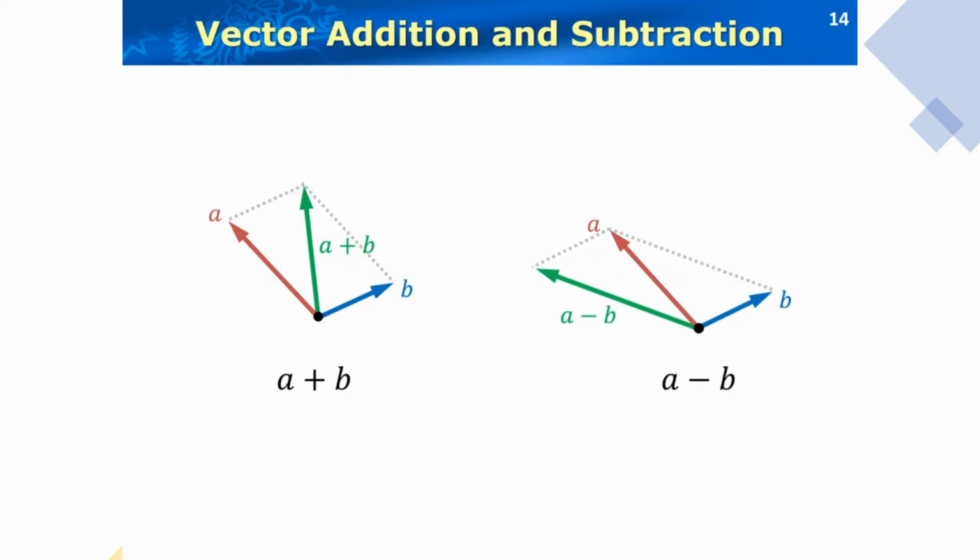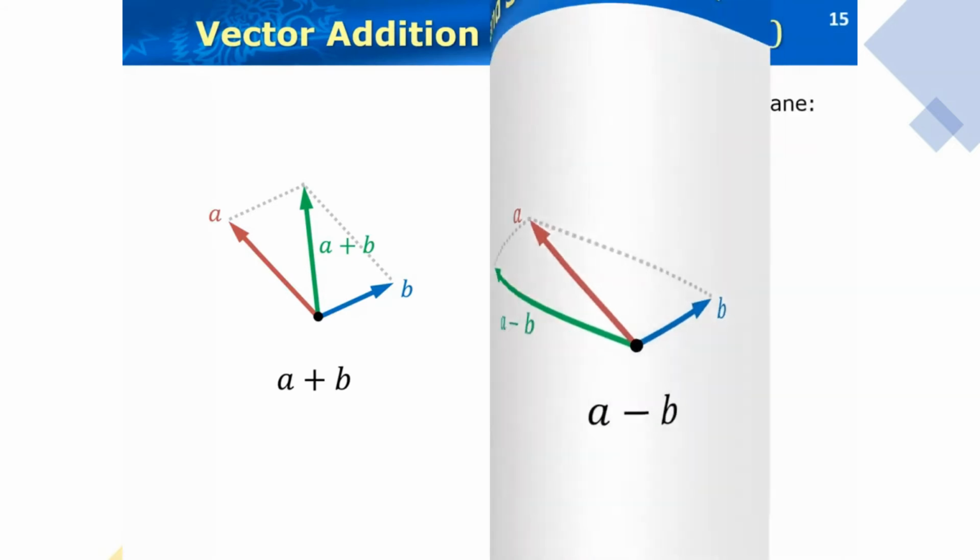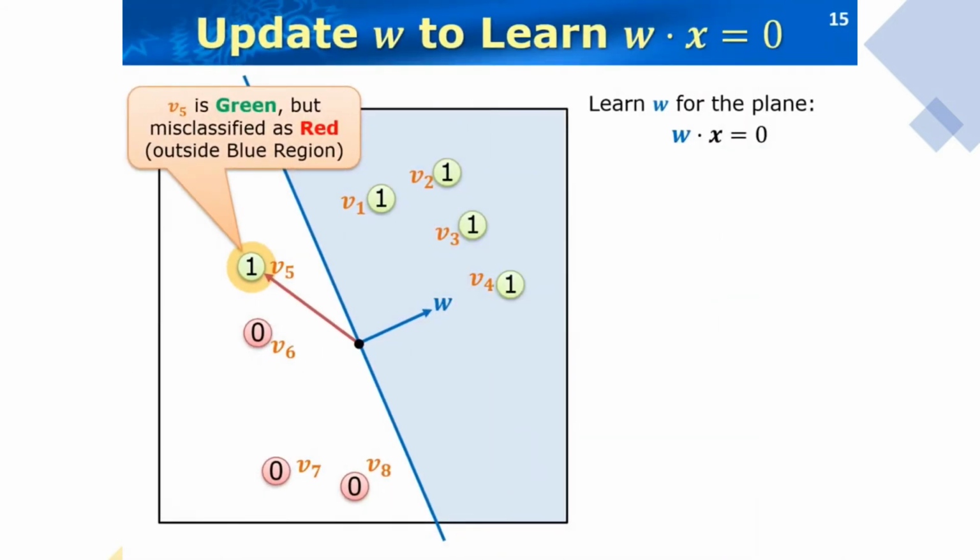In this example, we notice that the green point V5 is misclassified as red, which is outside the blue region, indicating that the angle between vector V5 and W is larger than 90 degrees.